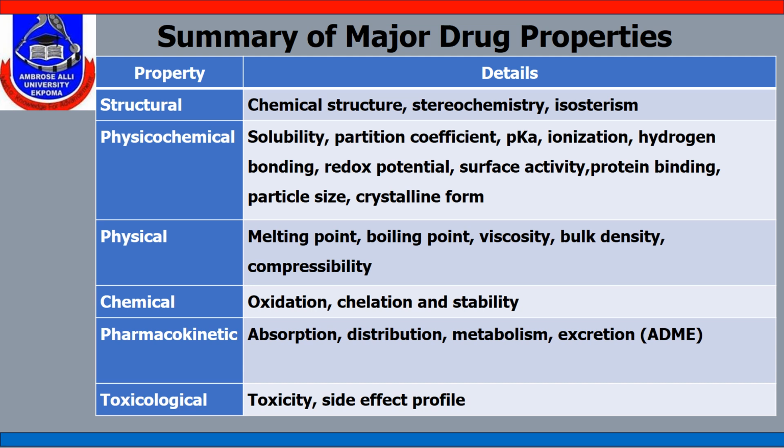The table before you displays the summary of major drug properties. By your left, you have the properties, and on your right the details. The table comprises structure, physicochemical, physical, chemical, pharmacokinetic, and toxicological properties.